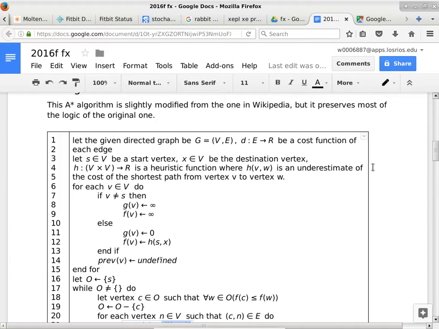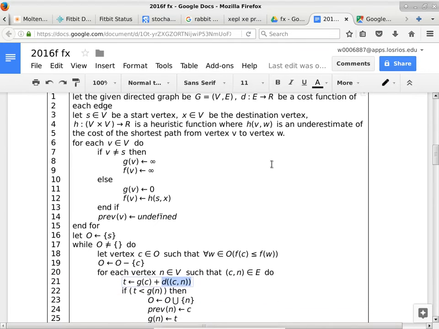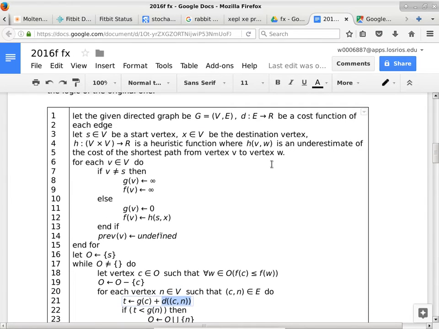Okay. So if we keep that in mind, we can actually display both at the same time. When you look at T, what do you think T is really representing at this point? The first part, G of C, is saying this is the cost of the shortest path known at this point from the start vertex to C. So let's look at this graph here.